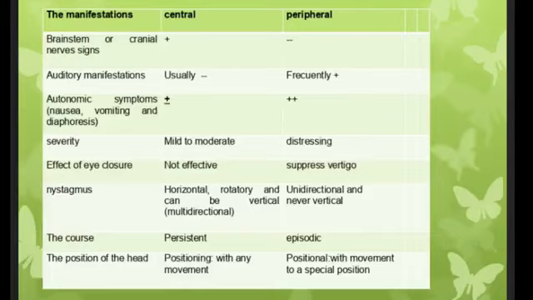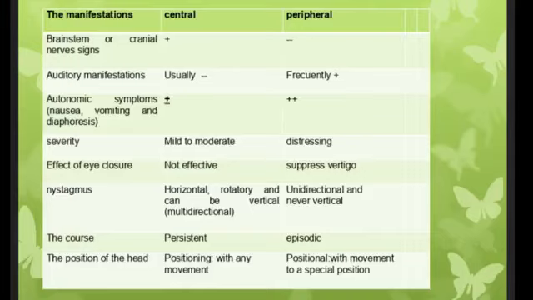Autonomic symptoms like nausea, vomiting, and diaphoresis are plus minus in central, while they mostly occur in peripheral. The severity of central vertigo is mild to moderate, while it is severe and distressing in peripheral. The effect of eye closure is not effective in central vertigo, while it is very effective and suppresses the vertigo in peripheral.